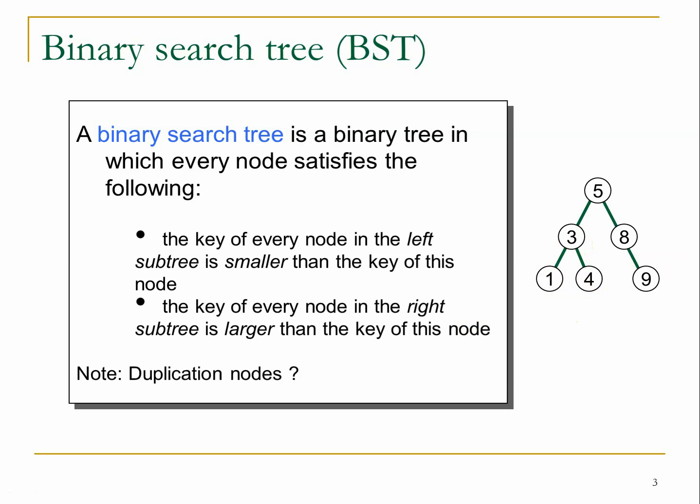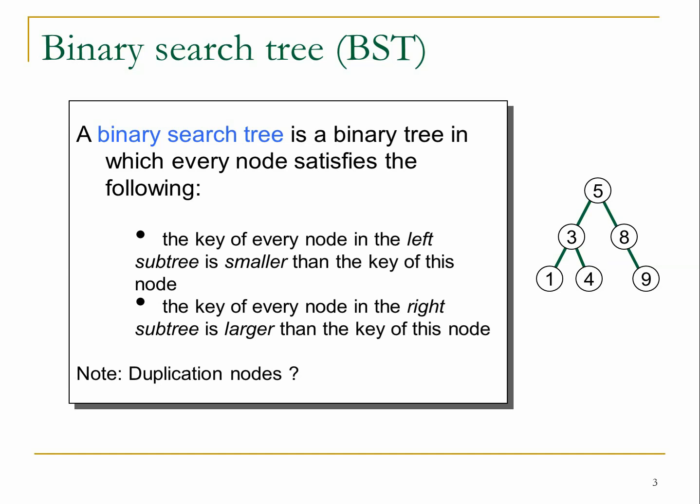One question that you may have is that we only talk about all the nodes being smaller on the left side and all the nodes being larger on the right side. So what if we have some duplicate values? This is actually something we try to simplify by saying that there are no duplications in the binary search tree.